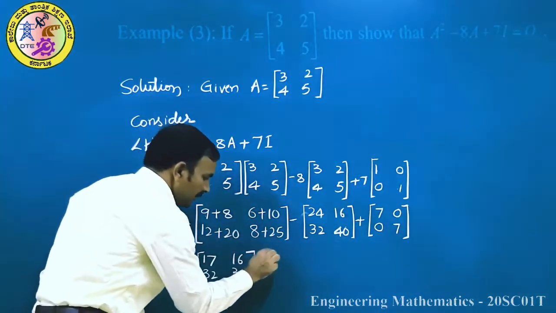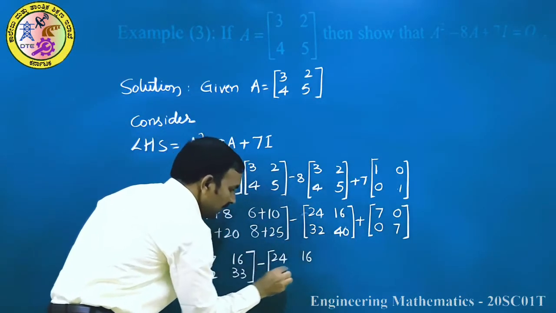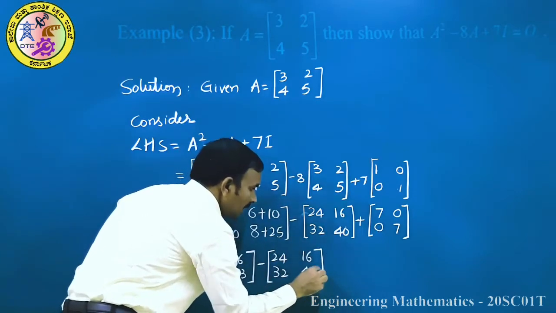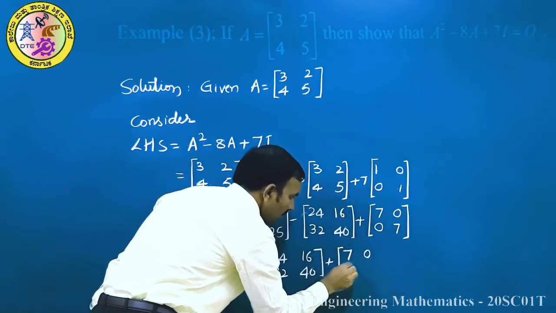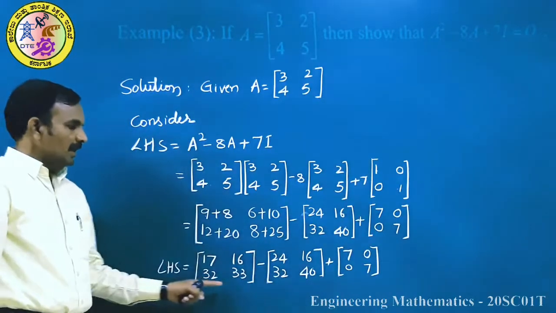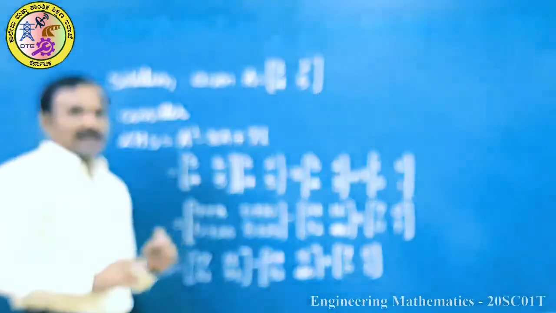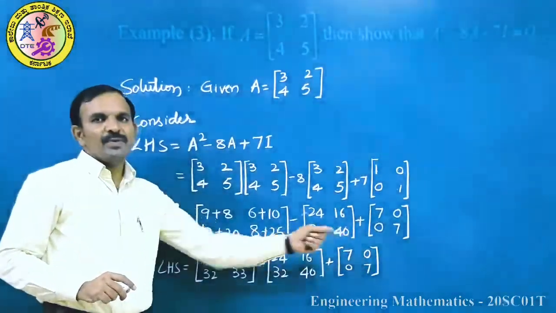Minus, keep the other two terms as they are: [24 16; 32 40], plus [7 0; 0 7] as they are. The last two terms stay as they are. Now you can add all three at a time, or simplify the first two first, then add the last term.